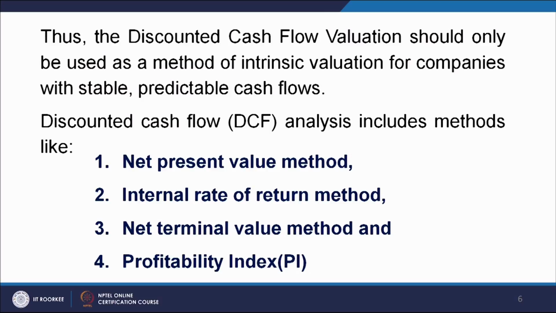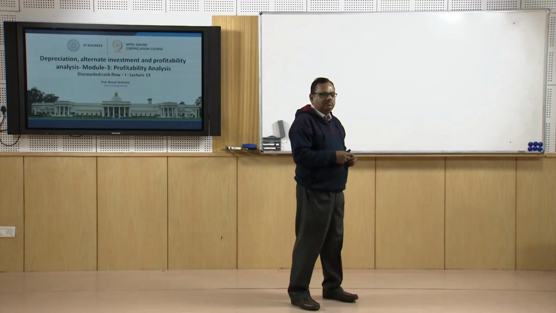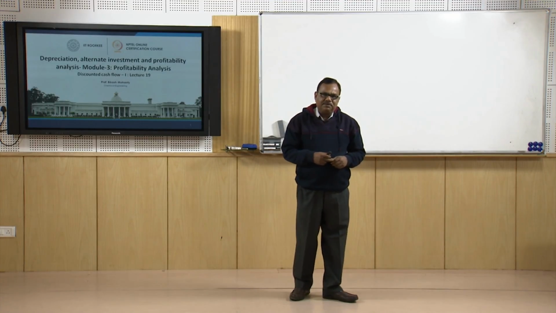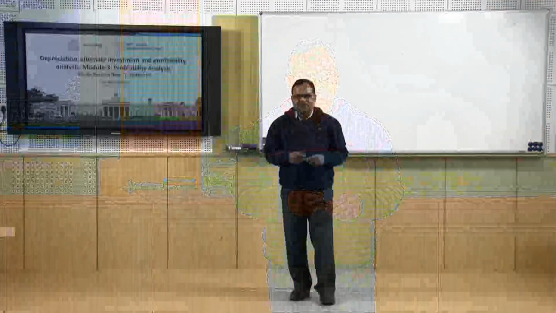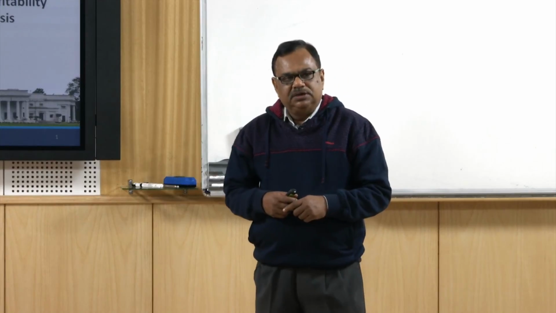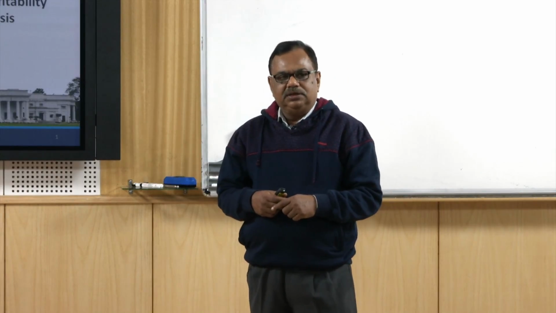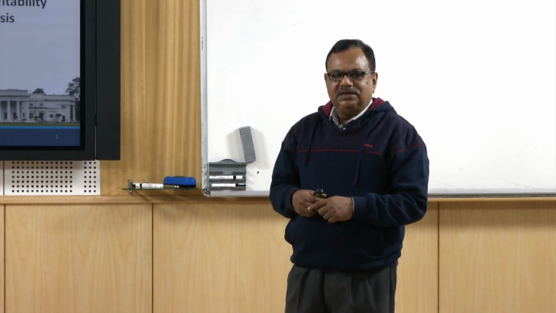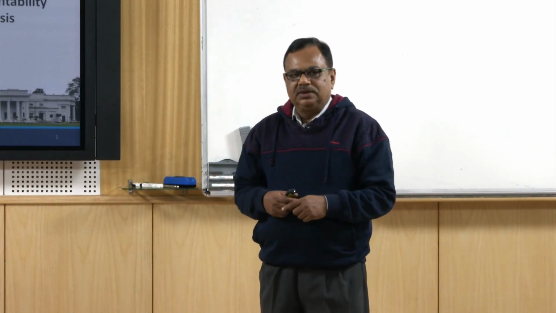Discounted cash flow, in short DCF analysis, includes methods like the net present value method, internal rate of return method, net terminal value method and profitability index. The net present value method. The net present value method is a discounted cash flow method in which the present value, that is PV, of the DCF is used.